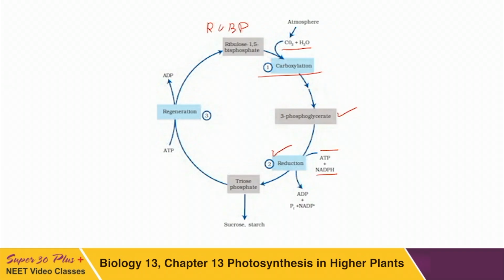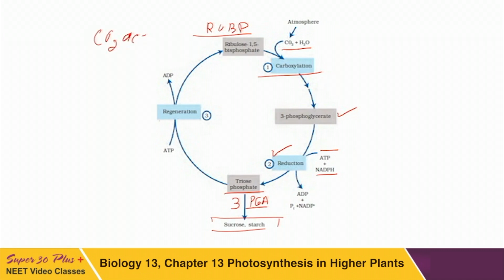As a result of reduction, triose phosphate will be formed, that is 3-phosphoglyceric aldehyde. A part of this will be utilized in making food, glucose, which will be polymerized to give starch, and the maximum part of this will be used in regenerating the CO2 acceptor again. In that way, a cyclic process continues, and regeneration consumes ATP.